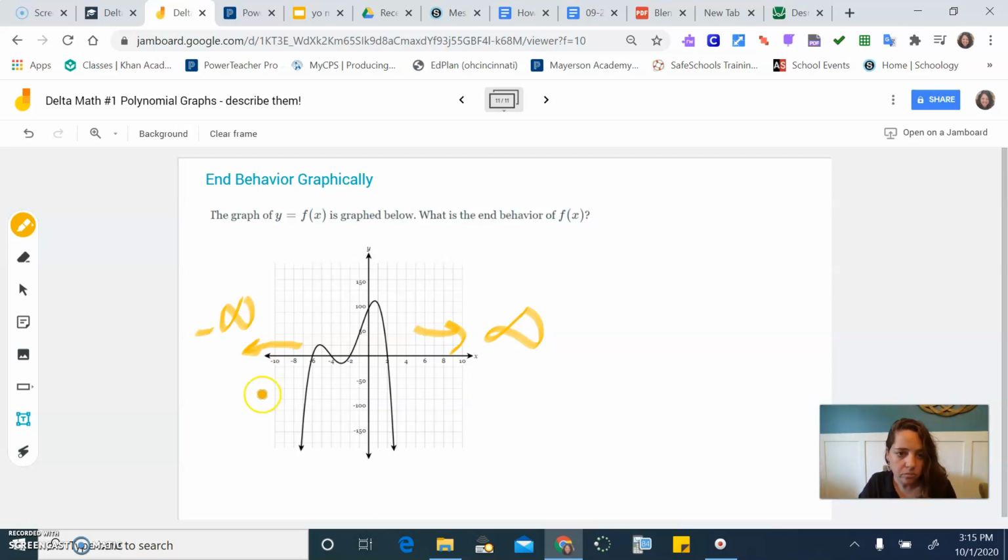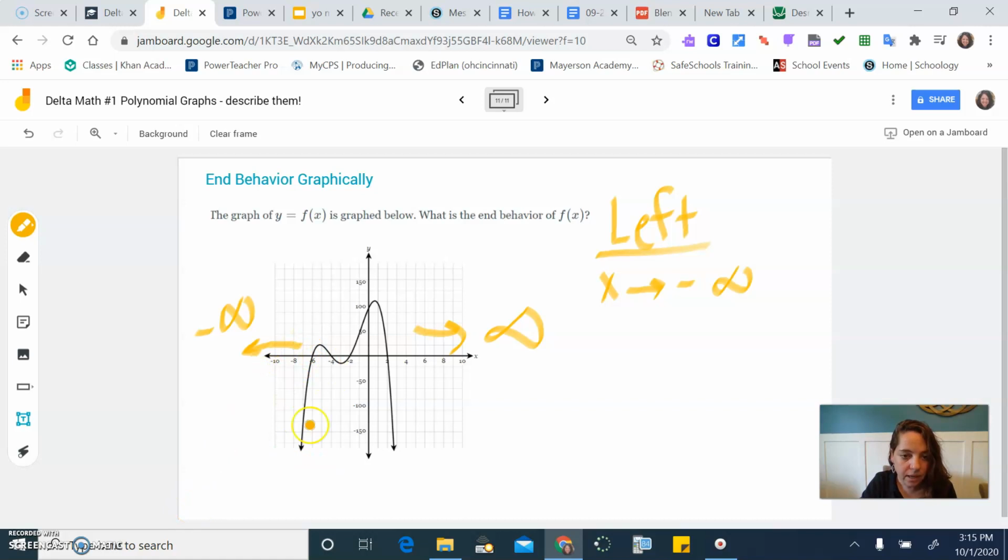So when we're looking at the left side, we say as x, let me write this, left. On the left side, we say as x approaches, so we use this arrow, negative infinity, what happens to the y values?